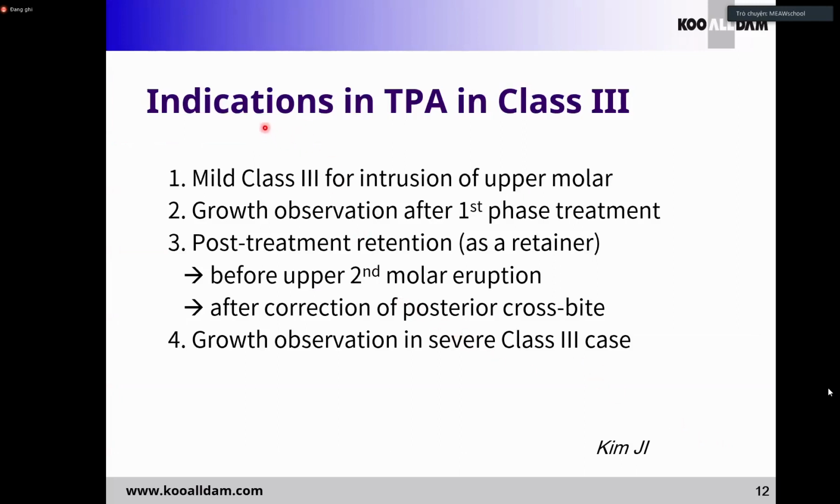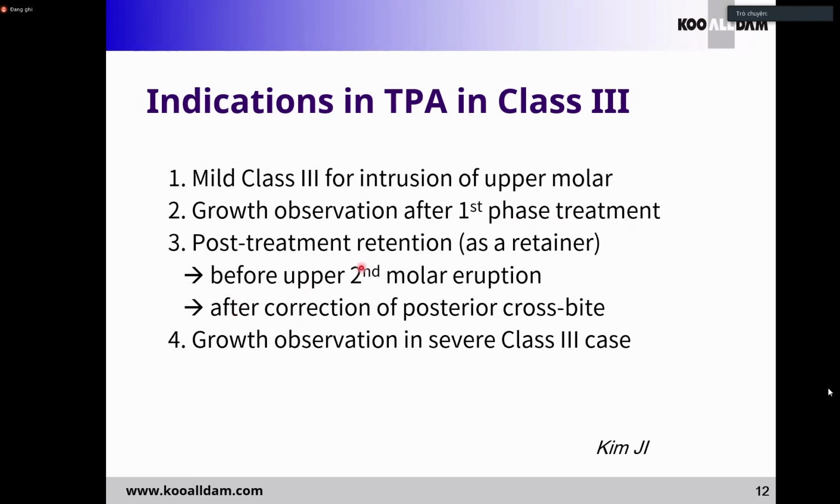So these are the main indications of TPA in class 3 malocclusion. I use TPA in mild class 3 malocclusion for intrusion of the upper first molar. Second, growth observation after first phase treatment.